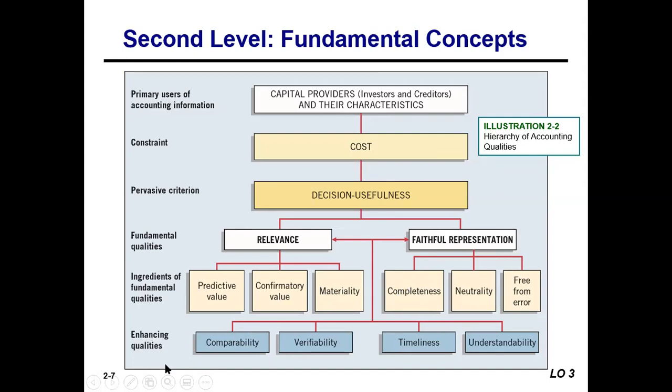And then these enhancing qualities are what make the financial information relevant or of faithful representation: comparability, verifiability, timeliness, understandability. So when we're thinking about information that is relevant, to have relevance, accounting information must be capable of making a difference in a decision.